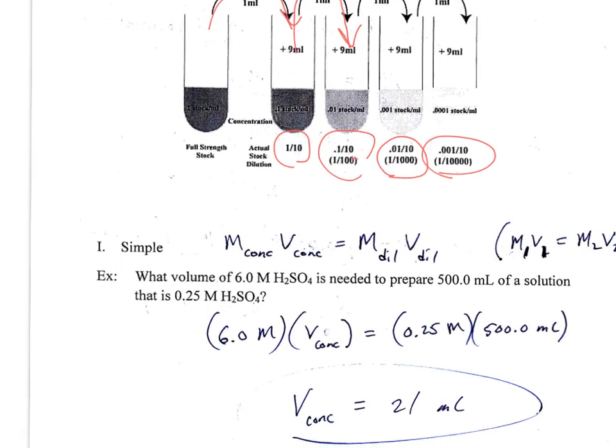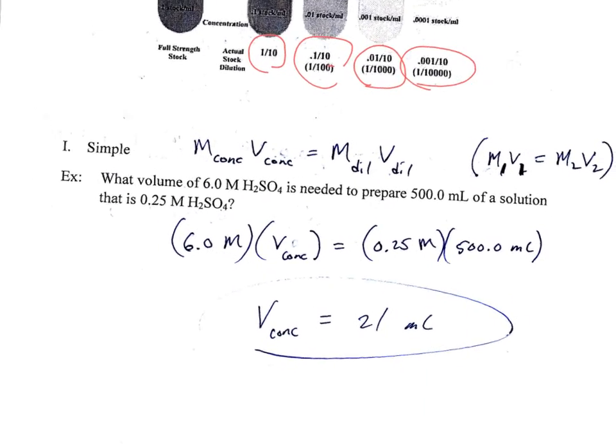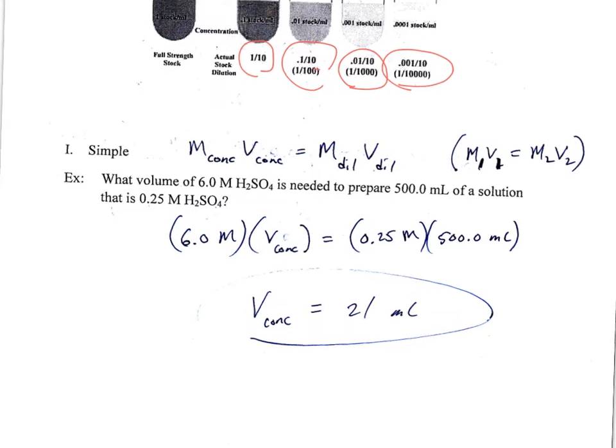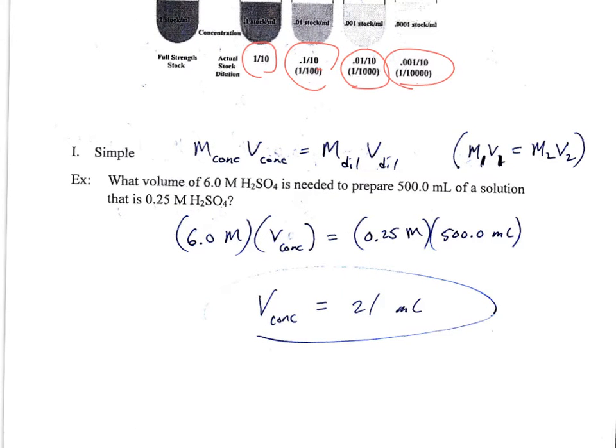Okay, so let's work through two examples. One, at the bottom of the first page on your handout, is basically plugging the numbers into the formula and seeing how this all works. The first problem asks what volume of the original concentration would be needed if you wanted to end up with a total of 500 milliliters at a concentration of 0.25.